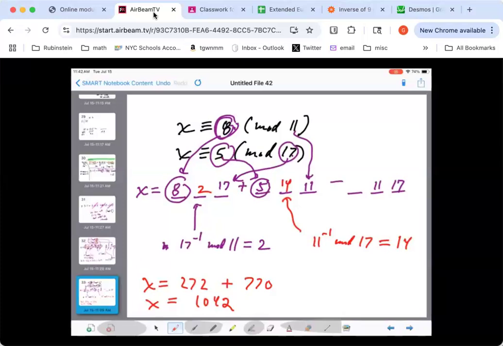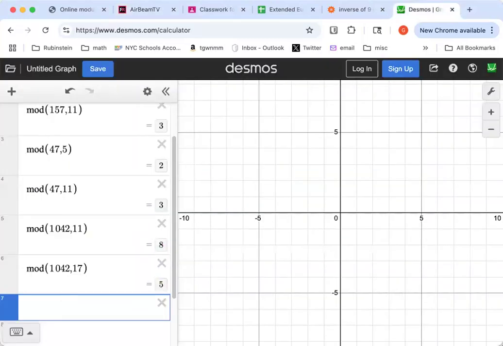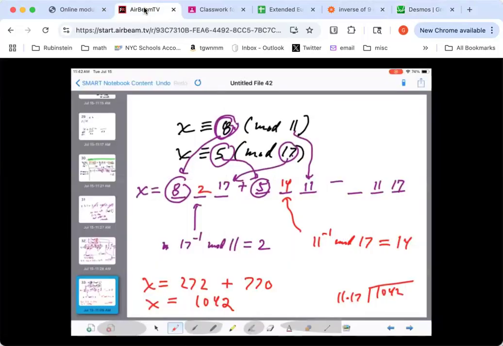But I want to cut this number down to size. So on the side, I do 1042 divided by 11 times 17. And I get 5.57. The 5 goes here.